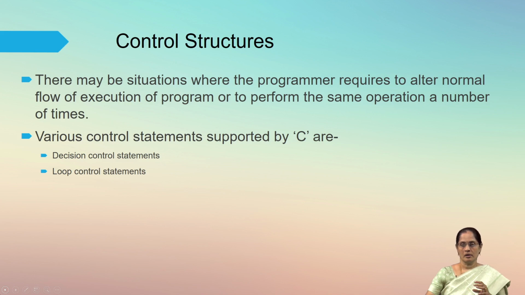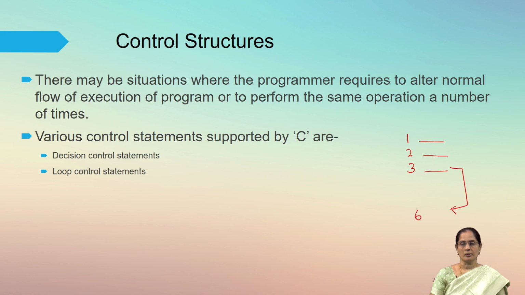Say for example, if we have statements 1 to be executed and 2 to be executed, and we also have statement 3 to be executed. Actually, the next statement to be executed will be the 4th statement, but for our requirement we want statement 6 to be executed. So, in that case my flow of execution will have to be moved to the 6th statement.